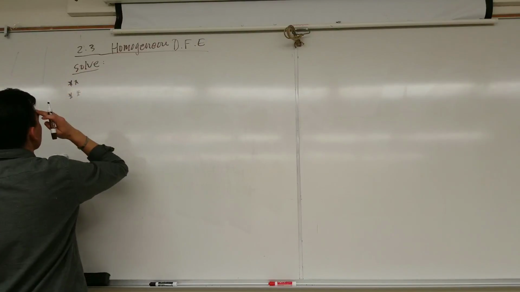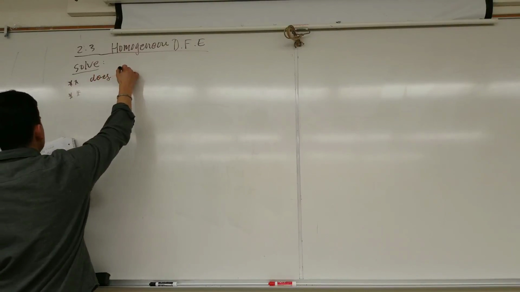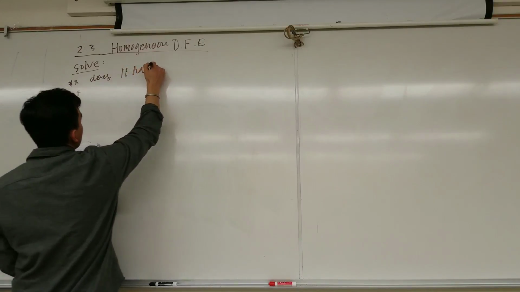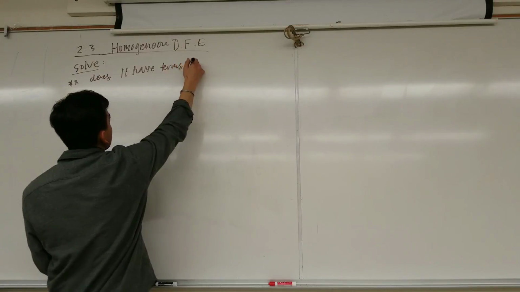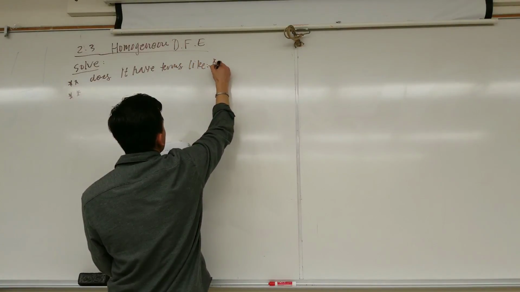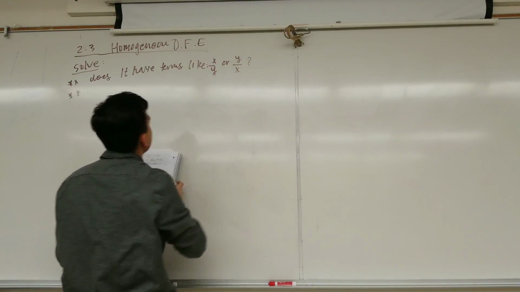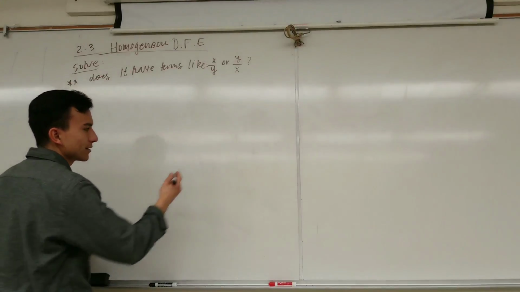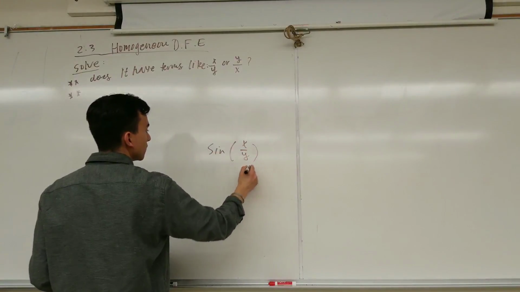One thing to look for is, does it have terms like x over y or y over x? And you might see something like sine of x over y.